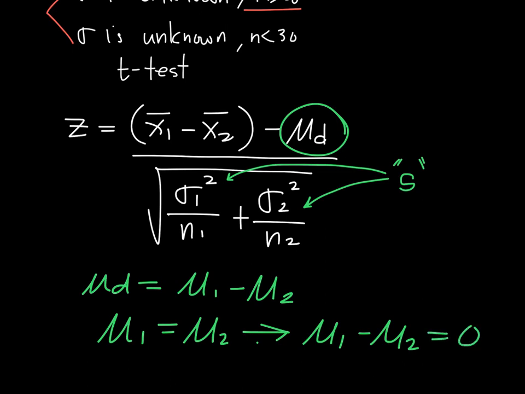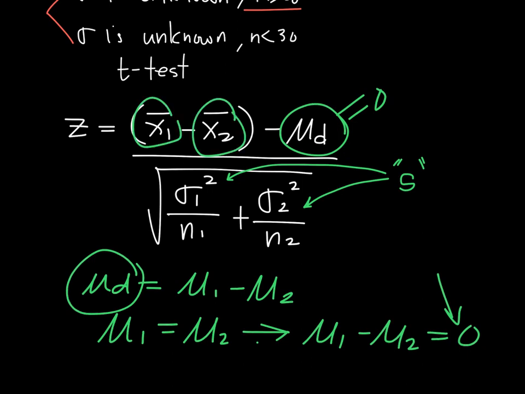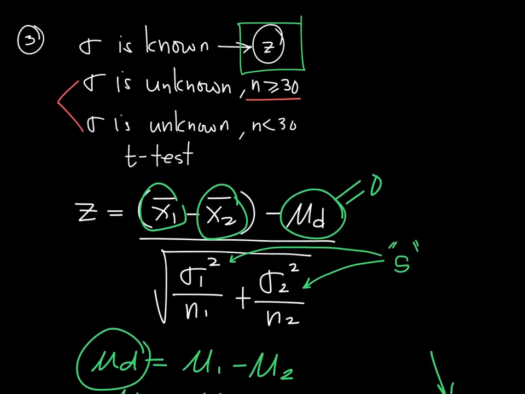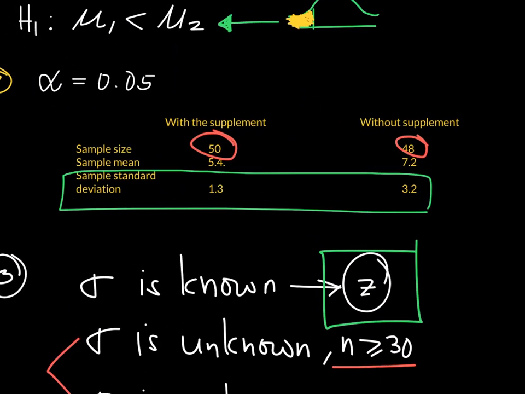If they are equal, when you subtract them, then the value is 0. So the mu d in this case is equal to 0. x1 bar, x2 bar, x bar, we know that's the symbol for the sample mean. So that means x1 bar is 5.4 and x2 bar is 7.2.